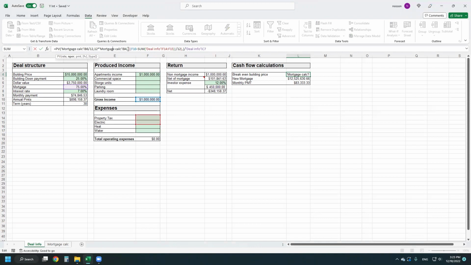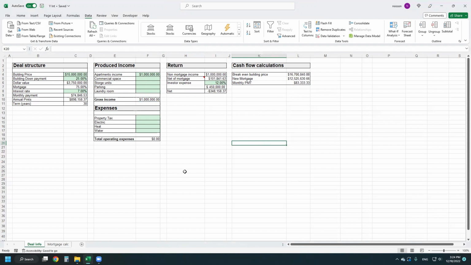For the payment in the present value formula, we use the net income of the side operation divided by 12. That is basically what we can afford to spend on the monthly payments. So that's how we get that break-even number.